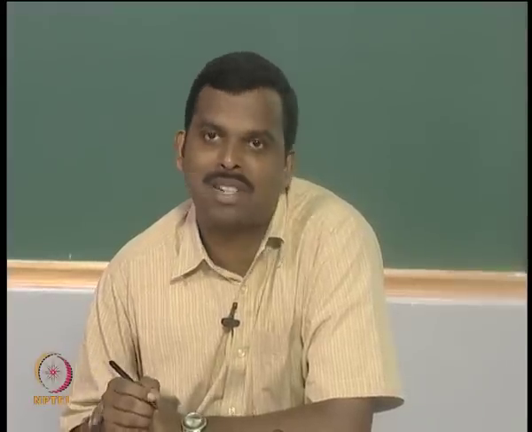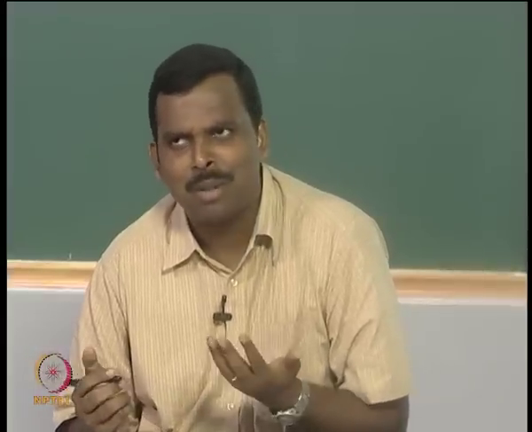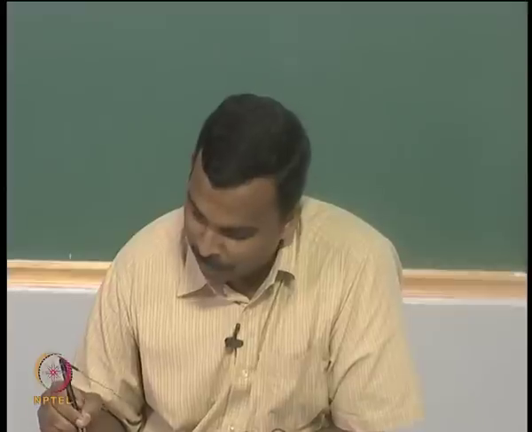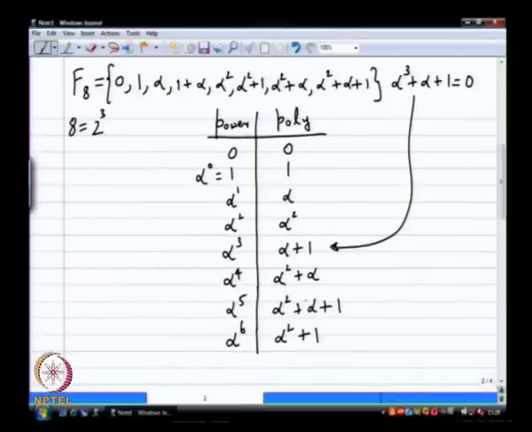So that is enough of abstract stuff. I am sure you are wondering, F is a finite field, but what do you mean it is abstract, it does not exist? Of course it exists, do not worry about it. What is more important for you is this table. This kind of table you should be very comfortable with. Once I tell you F8, you should know that I have to look for a primitive polynomial of degree 3 with coefficients from F2, and then I should be able to write down both the power notation and the polynomial notation.